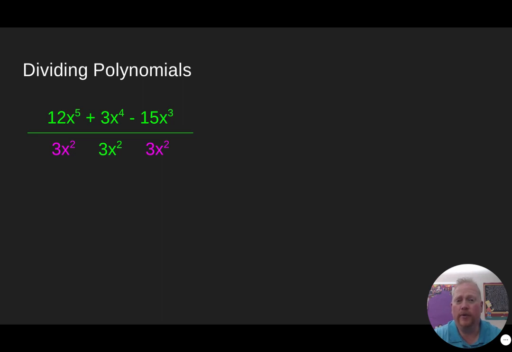Then all we have to do is focus on one fraction at a time. So let's start with the 12x to the 5th over 3x squared. The 12 over 3 makes 4. We've already done that. And then x to the 5th over x squared makes x to the 3rd. So that part we've already established, but let's do the same process to the other fractions.